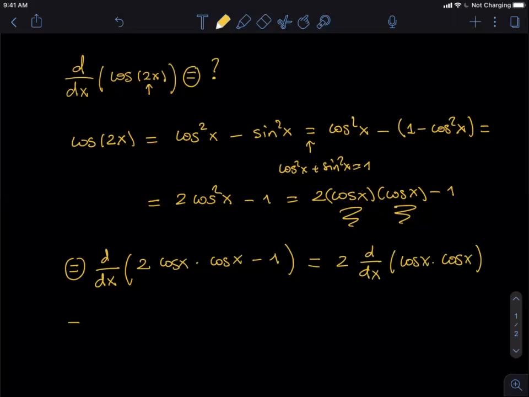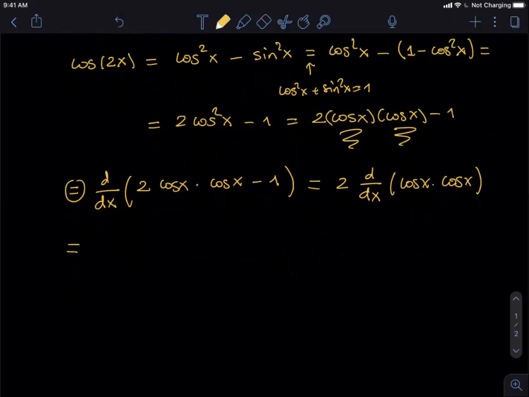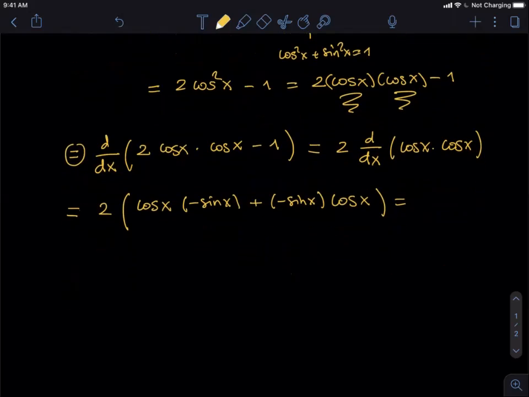And here we can apply the product rule, and we get 2 times cosine of x times the derivative of the cosine, which is negative sine, plus negative sine of x, the derivative of the cosine, times the cosine itself. So what we get here is minus 4 sine of x cosine of x.